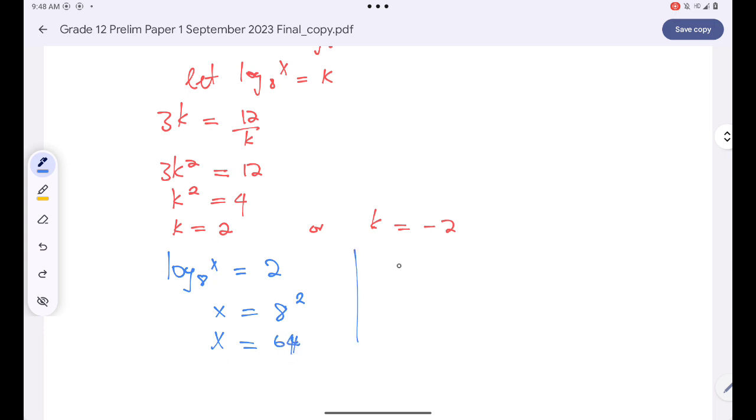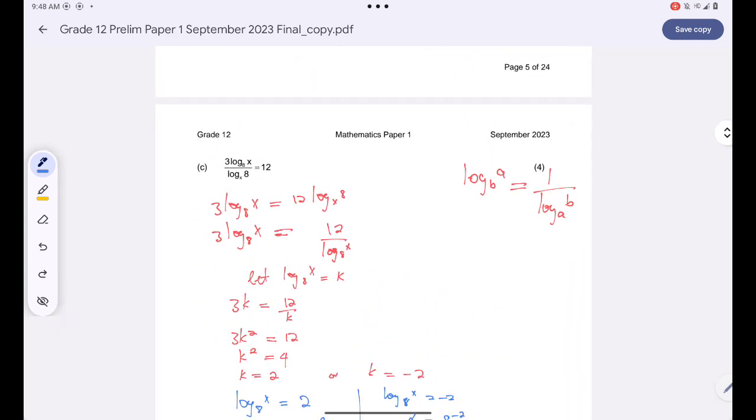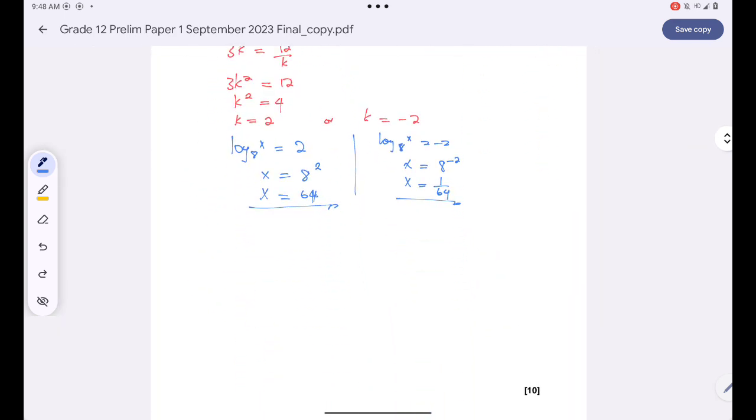Or the log of x base 8 is equal to negative 2. Do the same thing. X will just be equal to 8 to the power of negative 2, and then x is just equal to 1 over 64. That's how, guys, you are supposed to tackle that logarithmic equation over there.